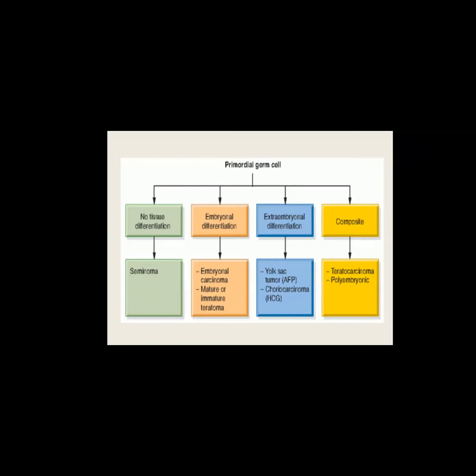Whereas if the tissue undergoes embryonal differentiation, it becomes an embryonal carcinoma or teratoma. If the germ cell undergoes extra-embryonic differentiation, like the yolk sac, placenta and so on, they become a yolk sac tumor and choriocarcinoma. And composite ones are the mixture of all these things.